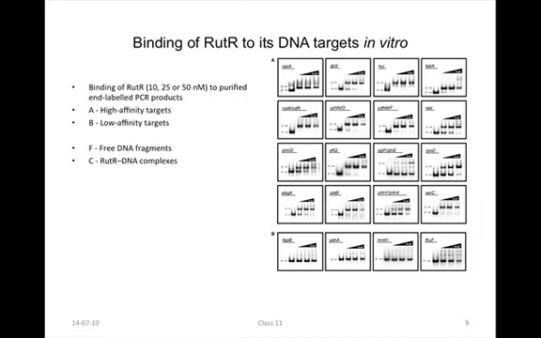Here's an EMSA experiment. In this figure, we've got in letter A high affinity targets, and letter B low affinity targets. Now, in these genes, you can see as you add more RutR, the binding should make a stronger complex.